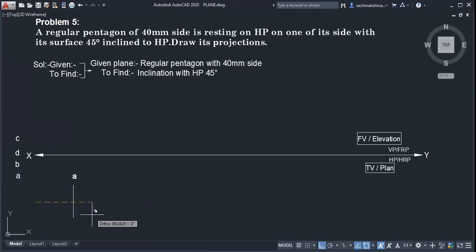Here I have to take first distance 40 and angle 108.